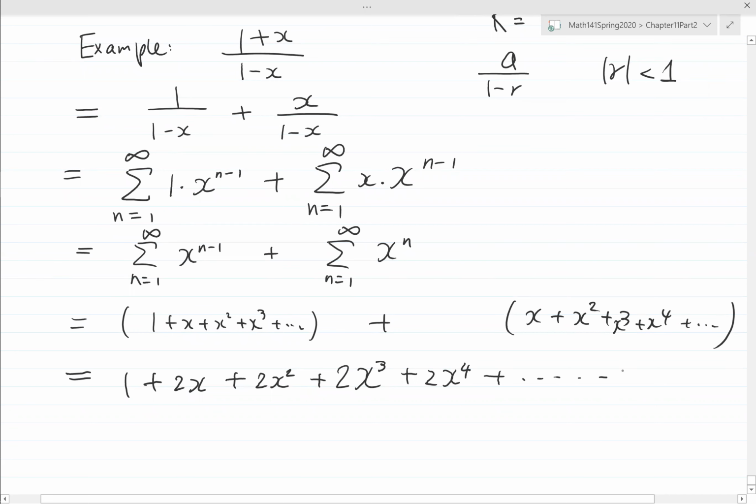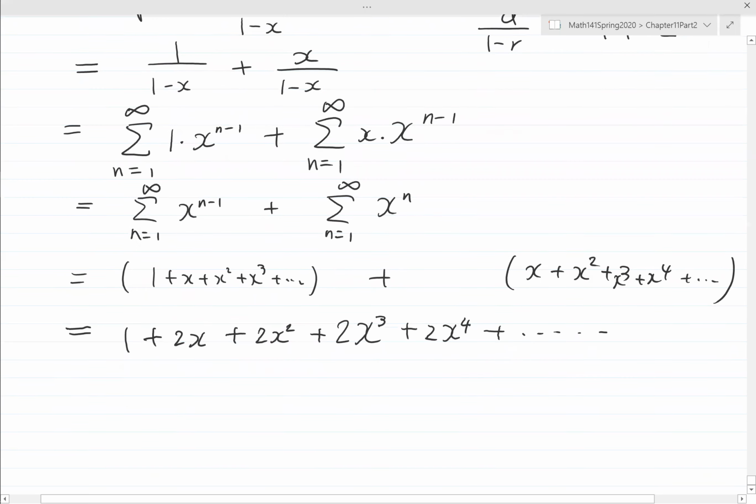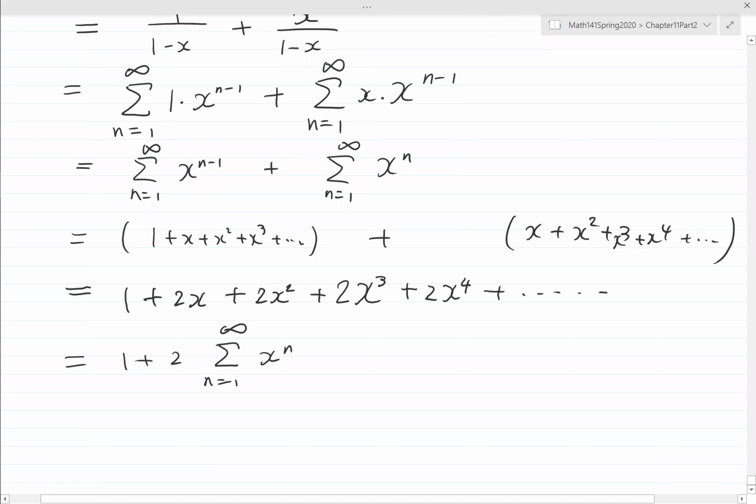So we get the power series representation: it's 1 plus the sum of twice x to the power n, n from 1 to infinity. To determine the radius of convergence and the interval of convergence, remember the common ratio is actually x. The absolute value of x should be bounded by 1, so x is between -1 and 1.